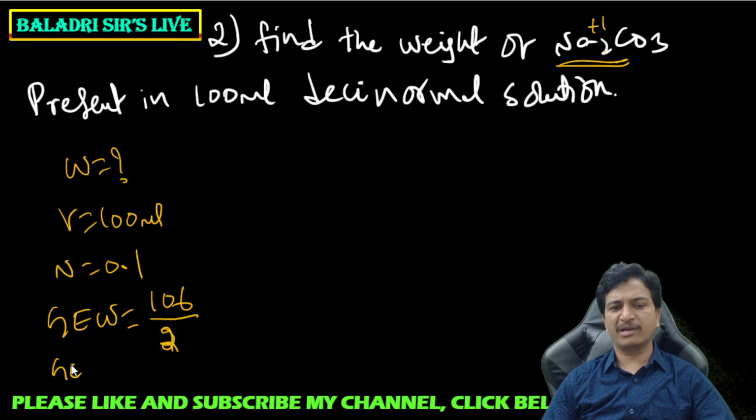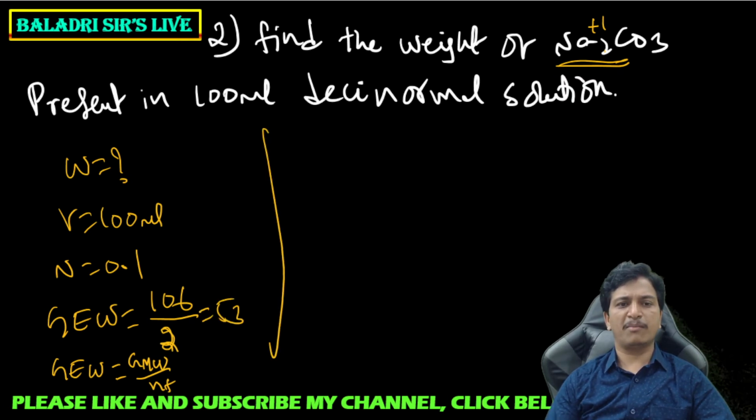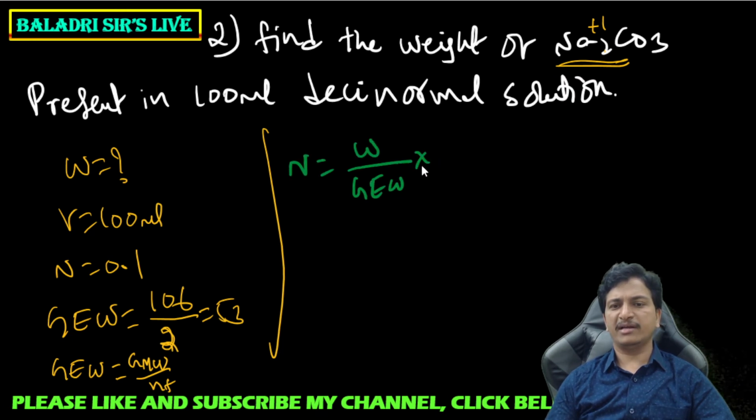We know the formula of gram equivalent weight: gram molecular weight by n factor. So now you will get 53. Now write the formula of normality. Normality is equal to given weight by gram equivalent weight into 1000 by volume in milliliters.